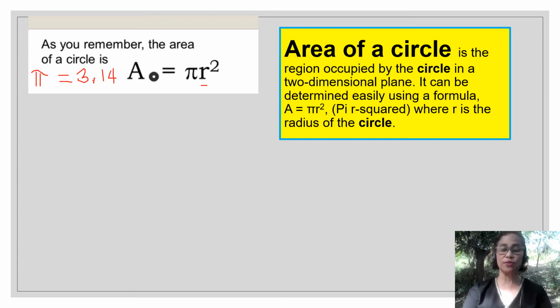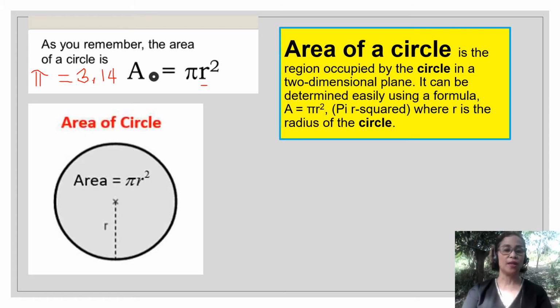So to illustrate a round pizza, it is given that the diameter is 9 inches. Let me write there, it's 9 inches. Since the diameter is twice the radius, it means that we have to divide 9 by 2. Therefore, the radius of our round pizza is 4.5 inches.